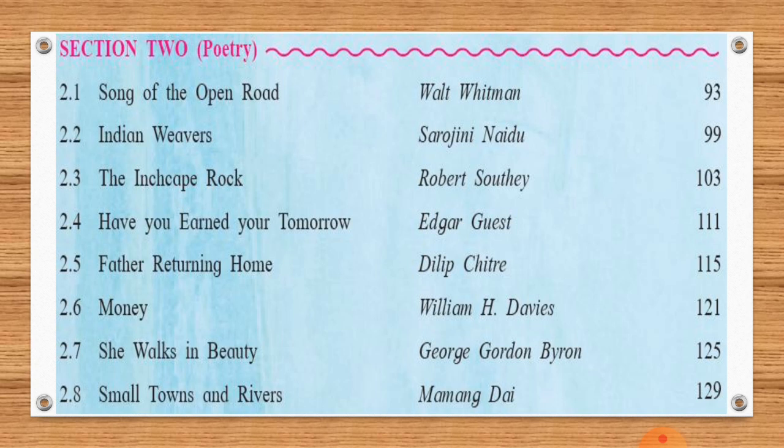And this poem is describing landscape, and it is also focusing on nature and natural aspects. So in this way, students, we have to focus on 8 poems in section 2 of our English textbook.